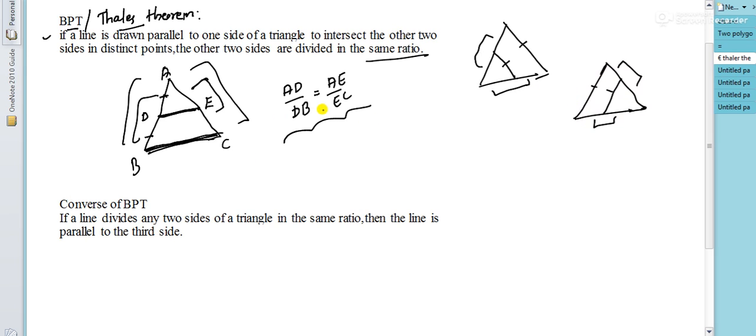Understood? So that is BPT. And also we can write AD by AB is equal to AE by AC. This is also BPT, an extension of BPT you can say.